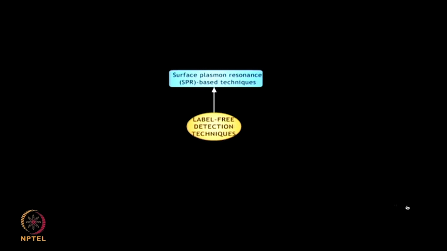First is SPR, surface plasmon resonance, which detects any change in refractive index of material at the interface between the metal surface and the ambient medium. Second, SPRI or surface plasmon resonance imaging.